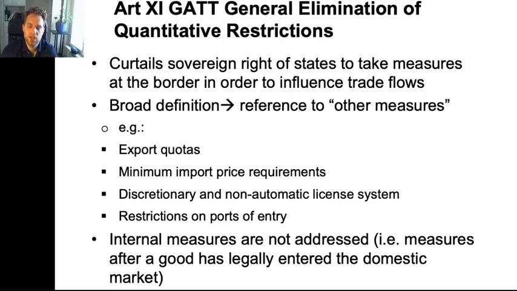So what you can see here is that also all other measures a state may take to prevent the importation of certain products to its markets or also the exportation, they are also caught by the broad prohibition of GATT Article 11. Purely domestic measures, however, are not covered by Article 11 of the GATT.